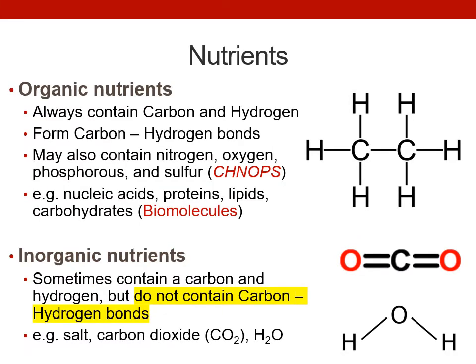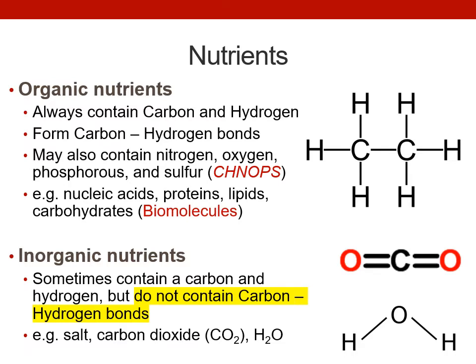Organic nutrients are those that contain carbon and hydrogen. These molecules contain bonds between the carbons and hydrogen. All of the biomolecules are organic. Organic molecules may also contain nitrogen, oxygen, phosphorus, and sulfur.